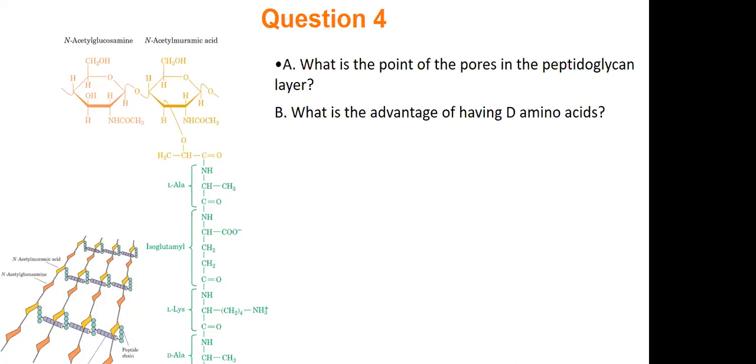And we see this in bacteria all the time. Like we have an antibiotic, bacteria become immune to that antibiotic. So we have to create a new antibiotic that they become immune to, and so on and so forth. So the short answer is to prevent the peptidoglycan layer from being destroyed or attacked by enzymes.